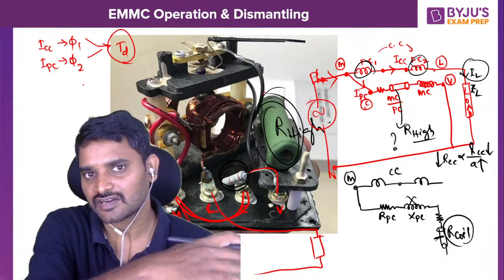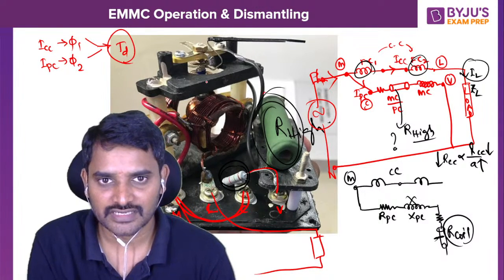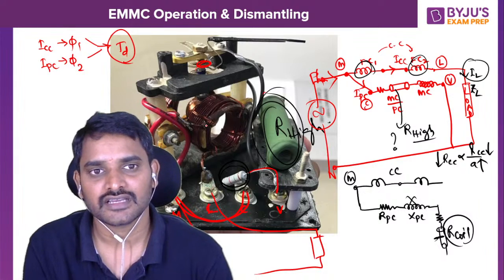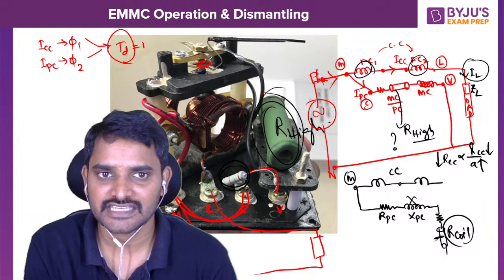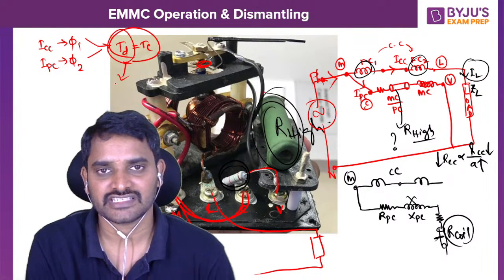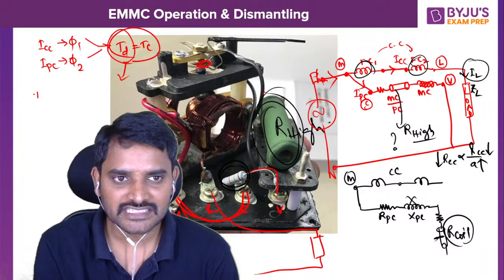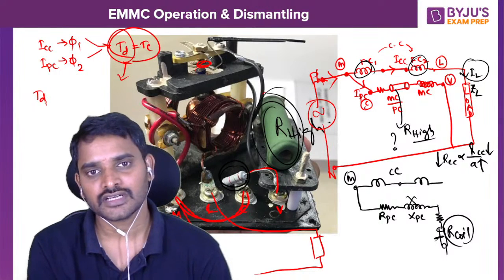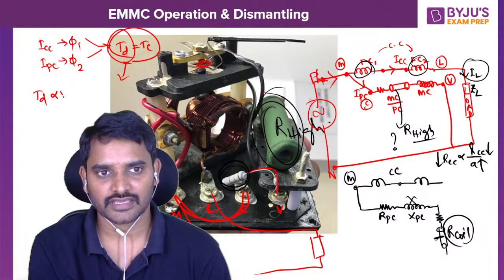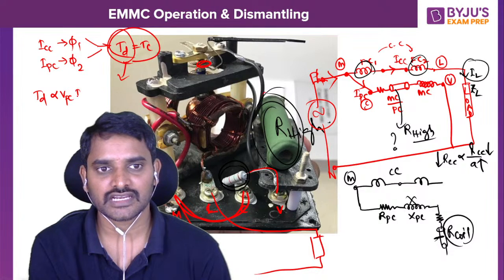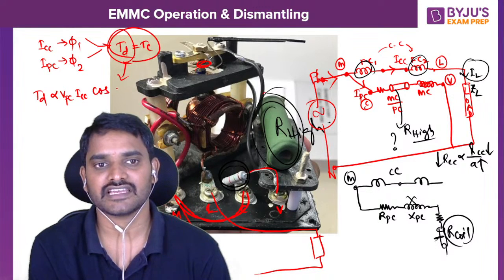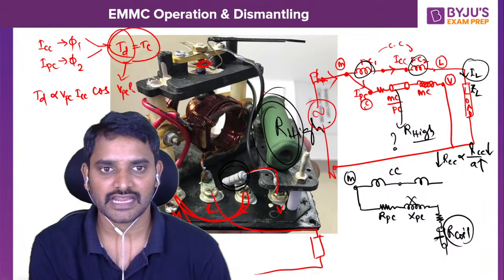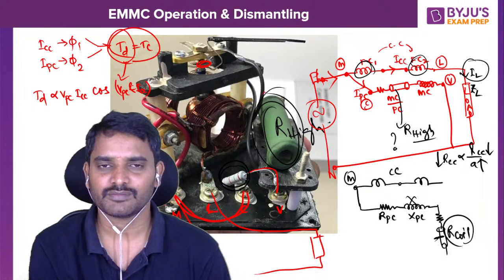The deflection torque moves the pointer against the spring. When the spring is compressed, you will get TD equal to TC, and therefore you will get a steady state operation. The TD directly gives you the power measurement: voltage across the pressure coil, current flowing through the current coil, and cos of the angle between VPC and ICC. It looks like the power factor angle only.